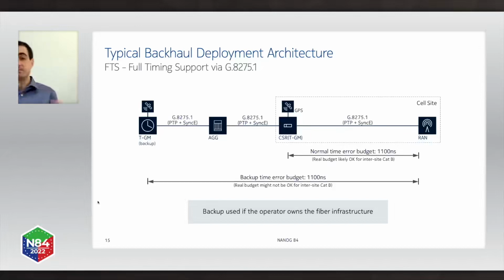Depending on the path you have from that cell site to your centralized location, you might or might not be okay for inter-site category B. So it depends on the radio features. Again, you need to dimension this path according to the radio requirements in terms of time error. But this is typically how you do it in case you own that fiber infrastructure and you're able to do full timing support to a backup time reference.